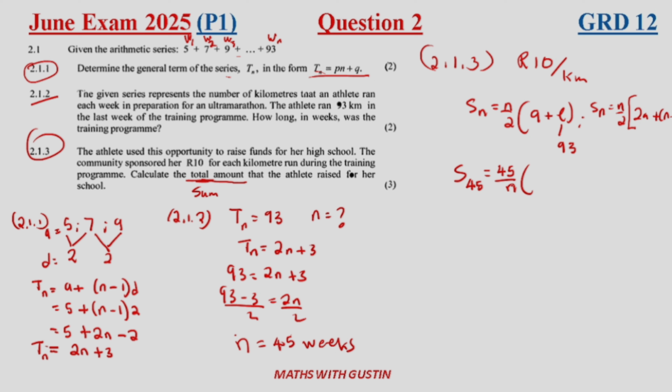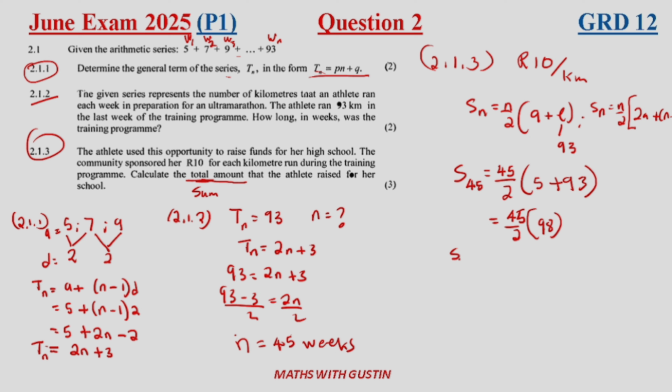The first term here is 5, plus 93, which is the number of kilos ran in that week. I'm just going to put this into our calculator: 45 over 2 in brackets 98.